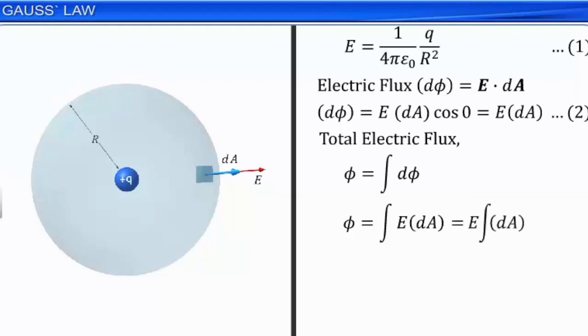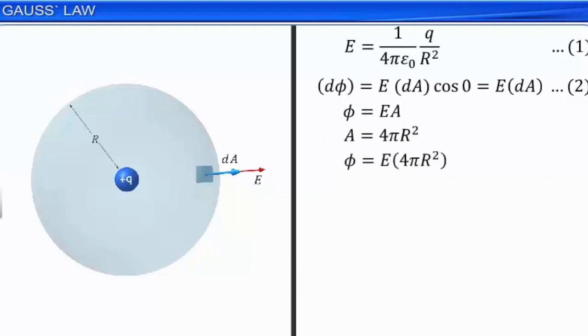Now, phi is equal to EA. We know that for a spherical surface, which is the Gaussian surface in the present discussion, A is equal to 4 pi r square. Therefore, we have phi is equal to E into 4 pi r square. Let this be equation 3.